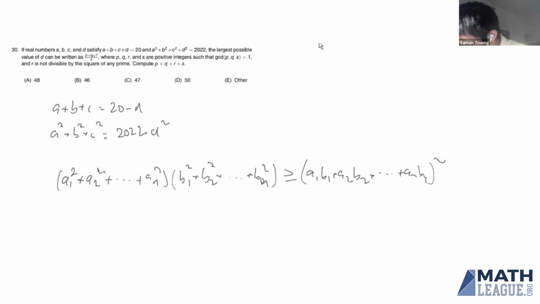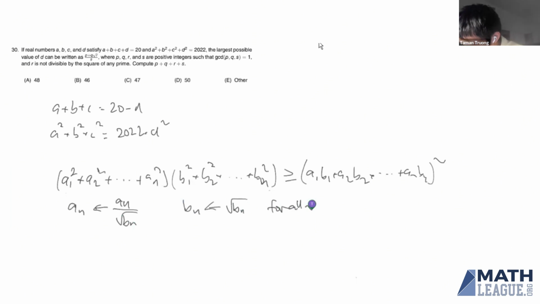But we want the second factor to be just a regular B1, B2, all the way to Bn, and to offset that, we need A1 squared over B1 plus A2 squared over B2, and so on and so forth. So we make a substitution. We map An to An over root Bn, and Bn to root Bn for all n.